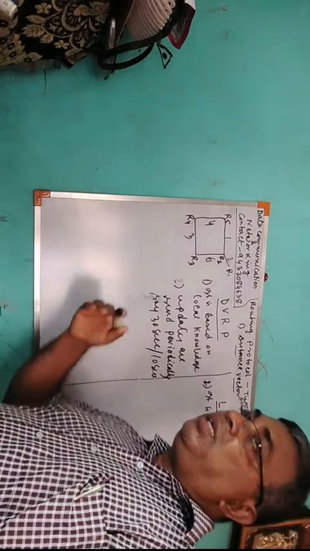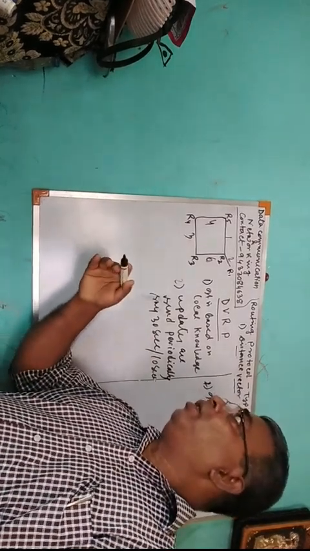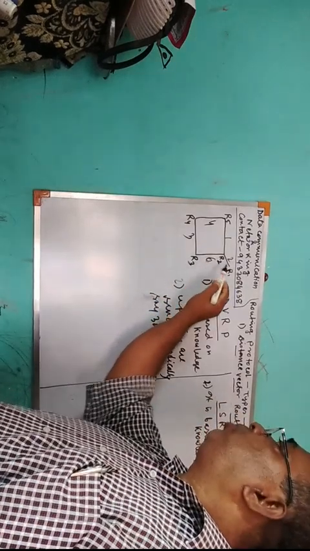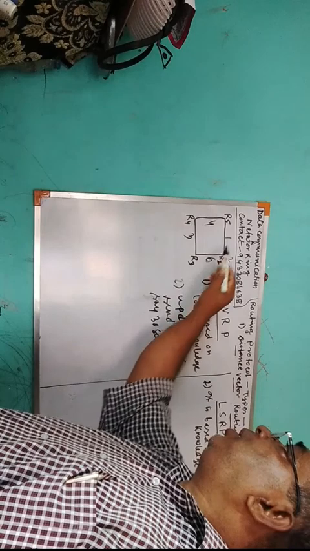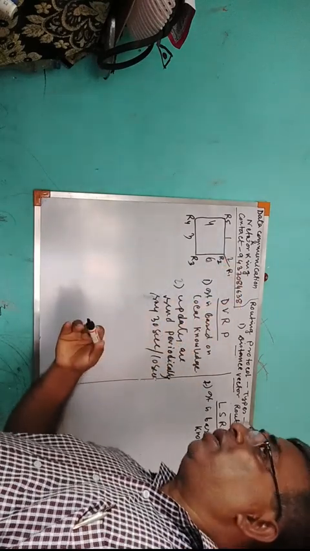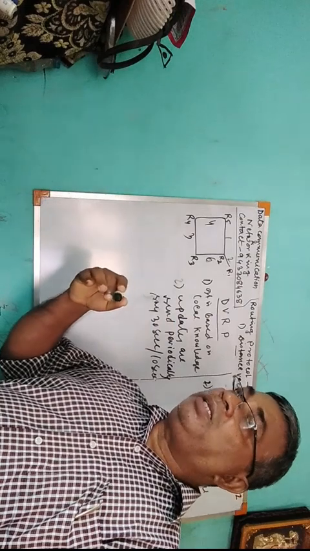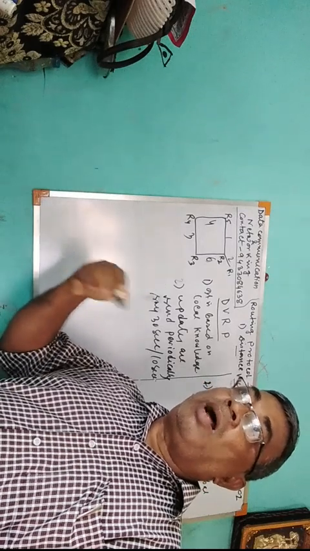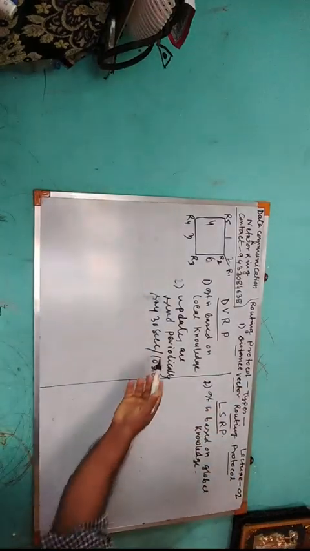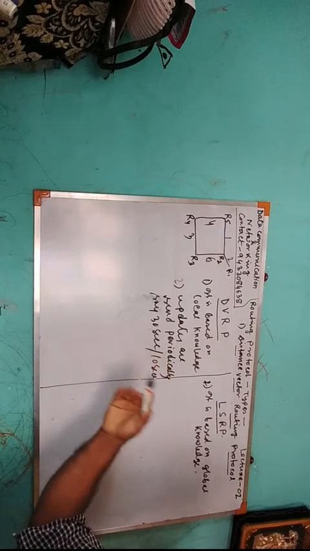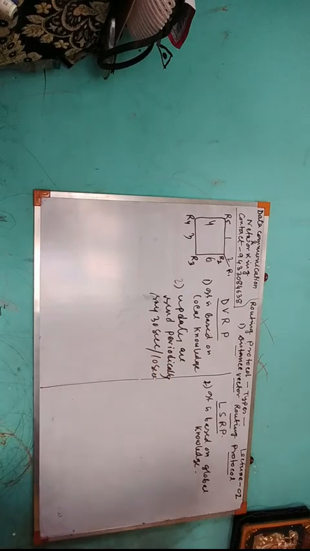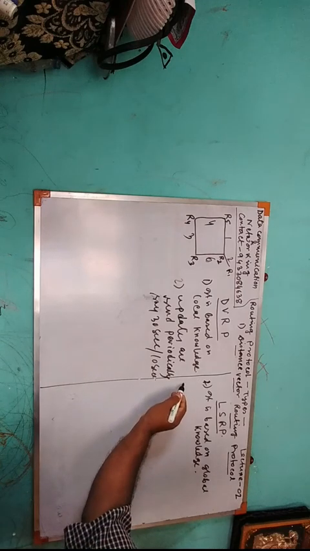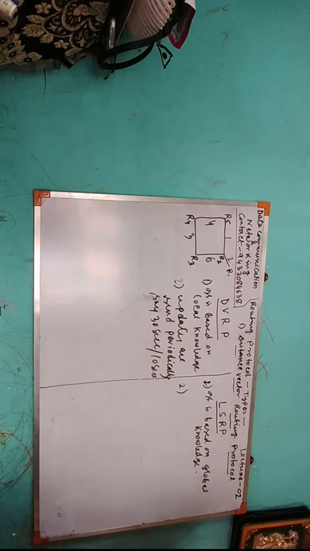R1 will deliver the information to R2, and R2 will deliver the information of R3, R5 and R1 every 30 seconds. After 30 seconds it will disappear, then again it will update. That is periodically, every 30 seconds, or 10 seconds, or 50 seconds. But in case of link state routing protocol, updates are not periodic.